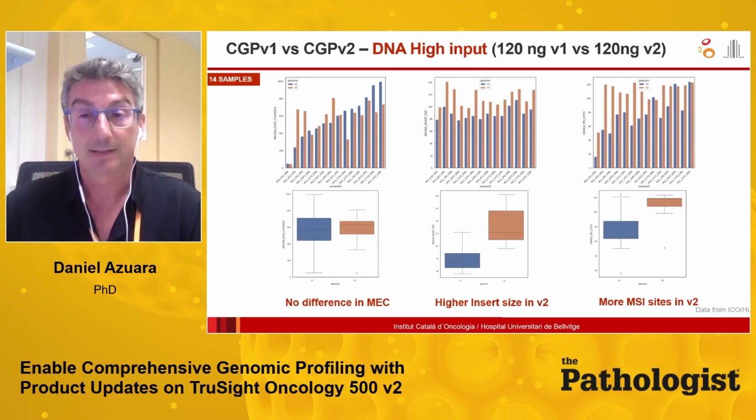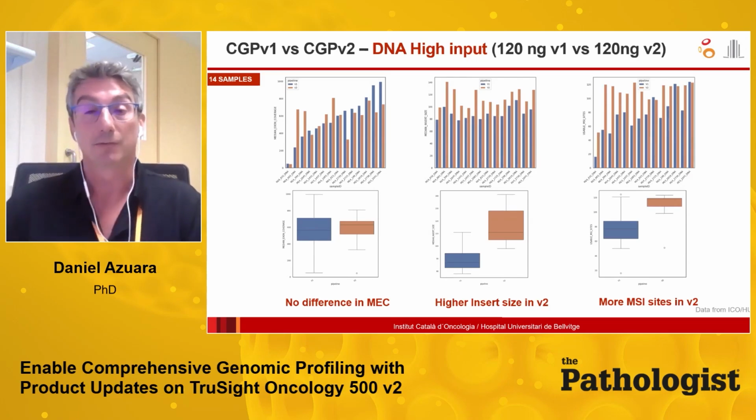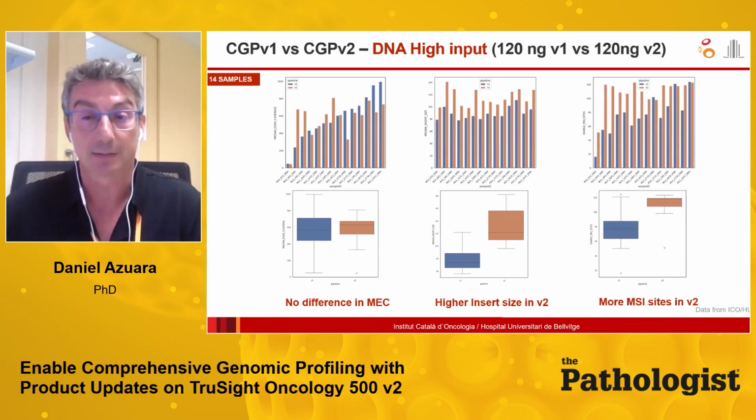A higher insert size was observed in version 2, along with more MSI sites detected in version 2. The NGS-based evaluation with the TSO500 assays analyzed 130 MSI marker sites consisting of homopolymers to calculate a precise quantitative score of MSI status and stable points.